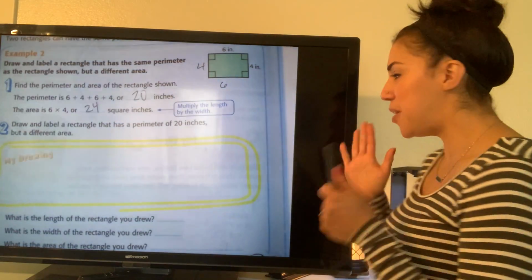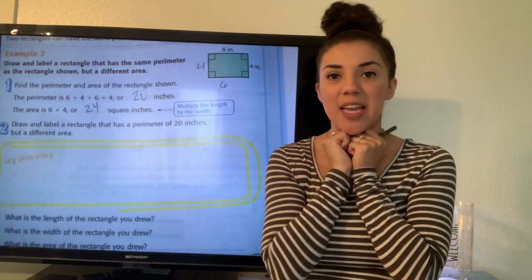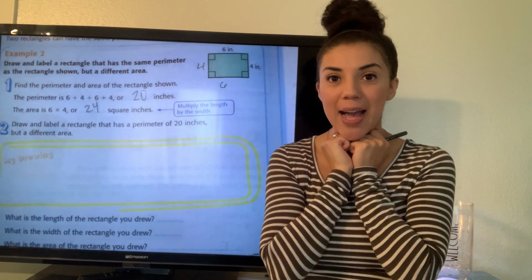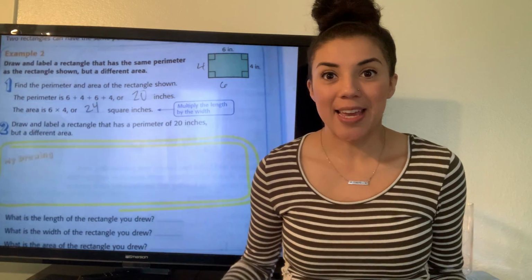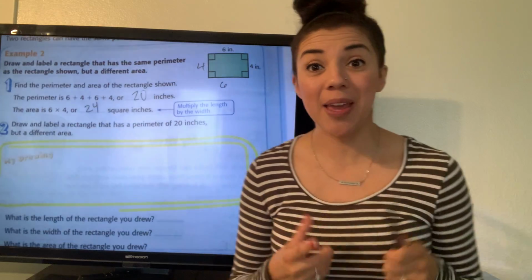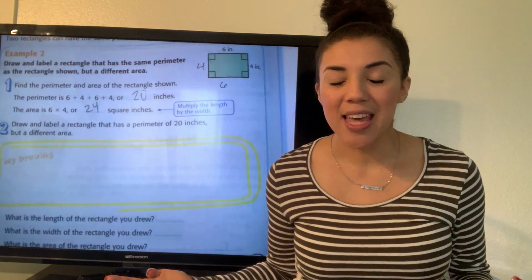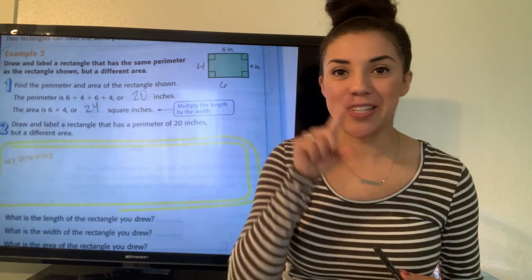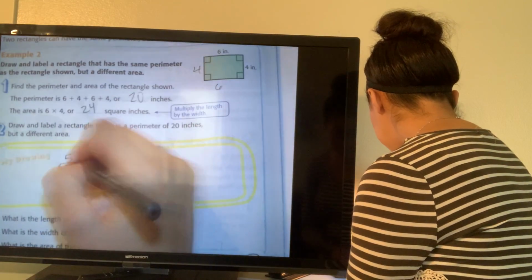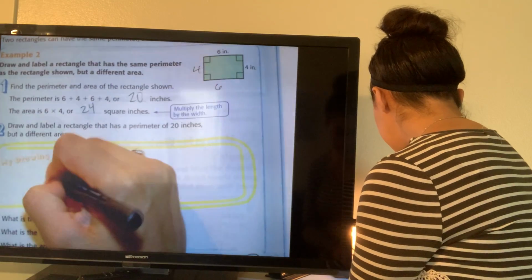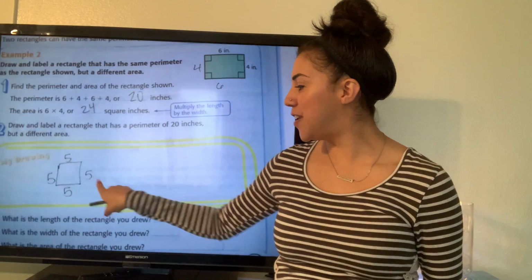Perimeter of 20 inches. So when I add all my 4 sides, it's going to equal 20, but it has a different area. For me, I'm just going to go with what's easy. I know that 5 times 4 is 20. So for my 4 sides for the perimeter, I'm just going to have all of my sides be 5. When I add my perimeter, 5, 10, 15, 20.